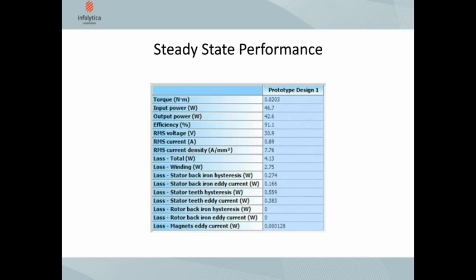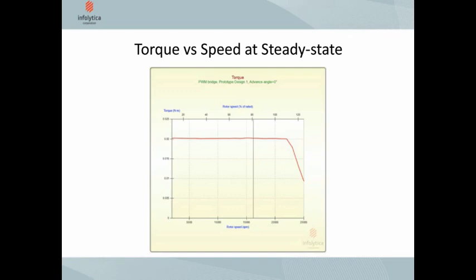And if we go and we look at the remaining kinds of performance criteria, here we can see the torque speed curve, and we see that we have our 20 millinewton meters all the way through the range of 20,000 RPM.